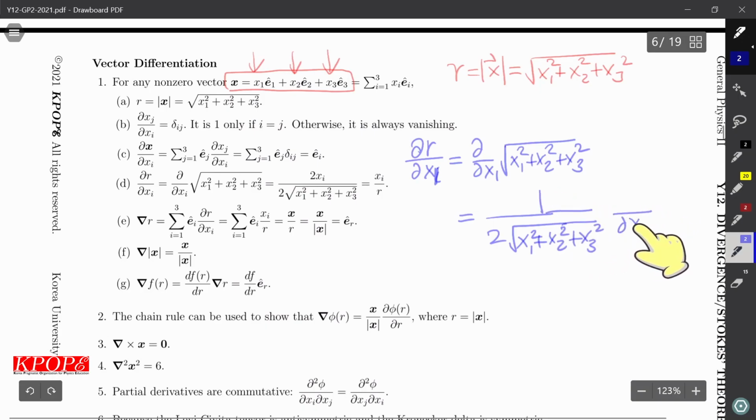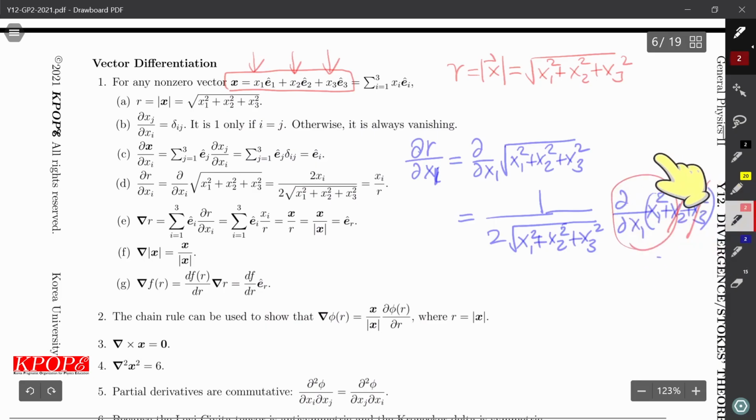Then this guy vanishes and this one is 2x1.